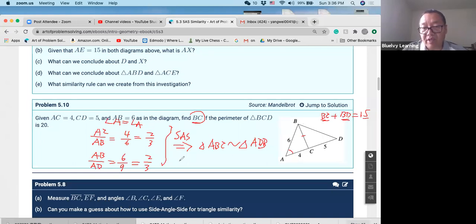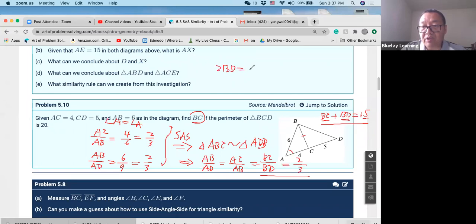Then from this we can get AB over AD equals AC over AB, which also equals BC over BD, also equals this one over this. So this ratio, BC over BD, equals 2 over 3, right? Then you solve this equation and this equation together, and we can find BD.